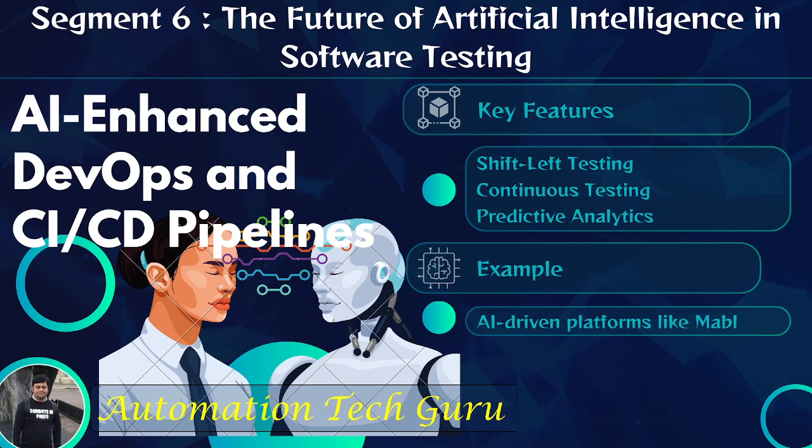Next is AI-enhanced DevOps and CI/CD pipelines. The future of software testing will see tighter integration of AI with DevOps and CI/CD workflows. What are the key features? Shift-left testing: AI will enable early detection of defects during the development phase, minimizing costly fixes later.